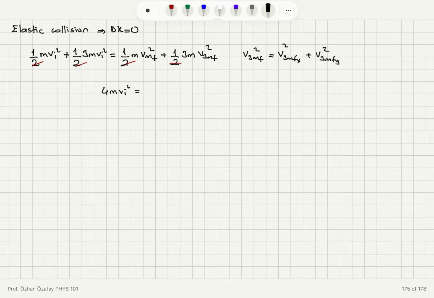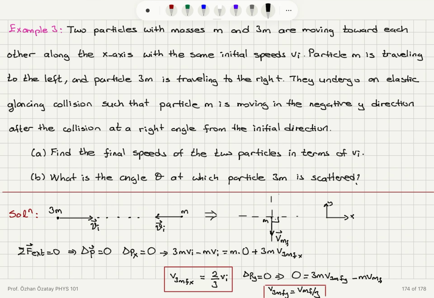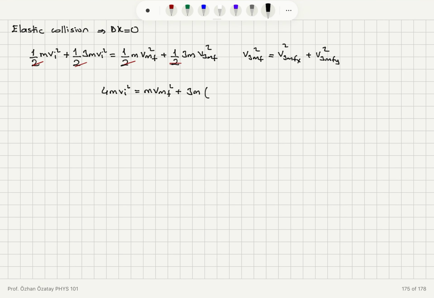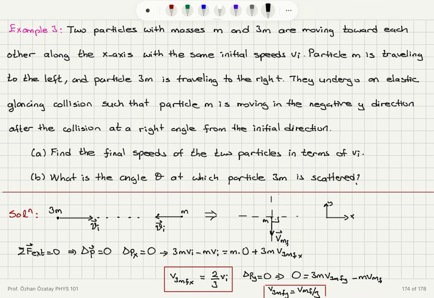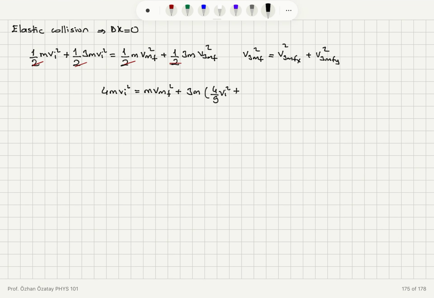The right hand side will be m vm final squared plus 3m v3m final x component squared, which is 2 over 3 vi squared, so 4 over 9 vi squared, plus v3m final y was vm final divided by 3, so it is vm final squared divided by 9.